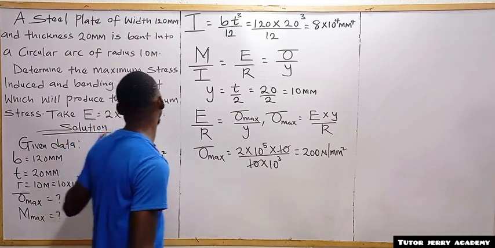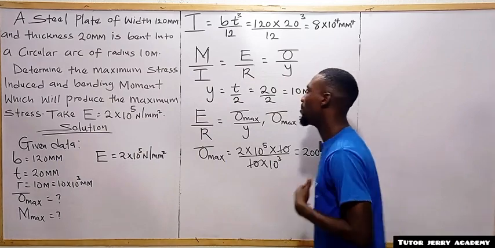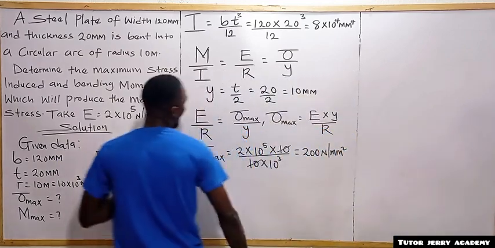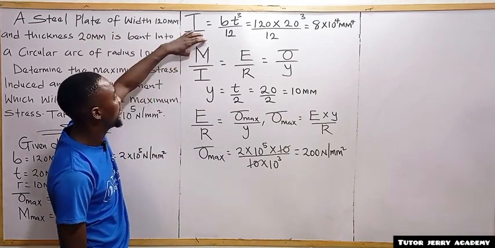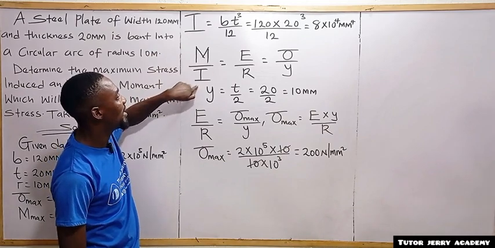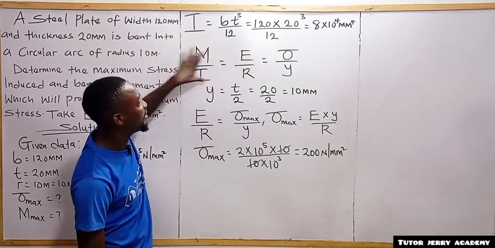Alright, so for the second solution, which is the maximum bending moment. Here we are asked to find the maximum bending moment. Now that we know our I, we know our Young modulus, and we know our radius, we are going to be equating this equation.